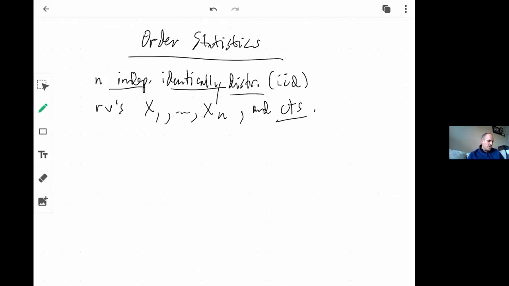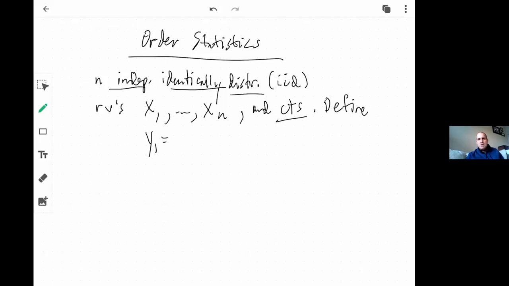What are order statistics? Well, they are these. Define Y1 equal to, remember, X1 through Xn are random variables. And by the way, the reason that we assume continuity is we really want the probability of them being equal to each other to be essentially 0.